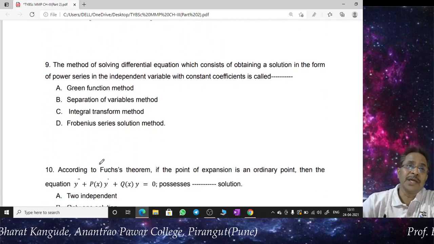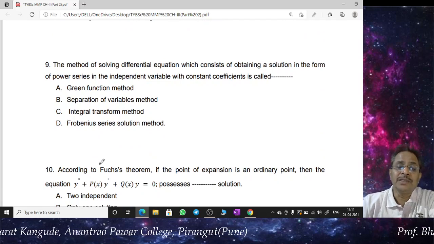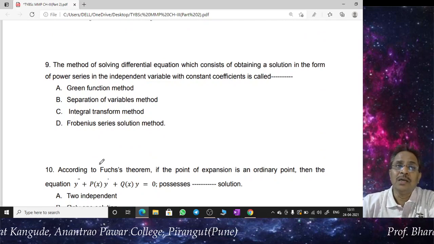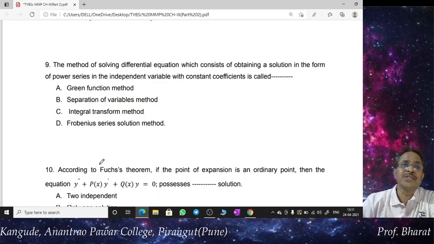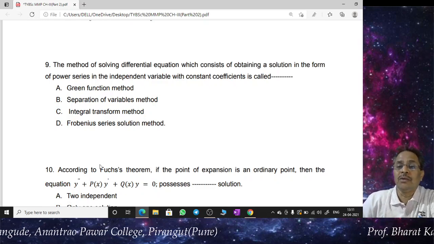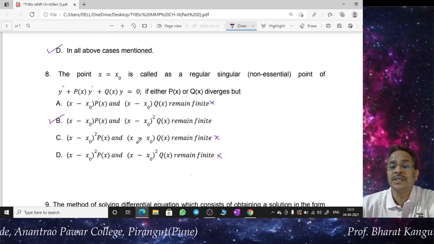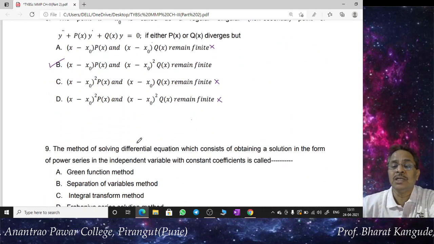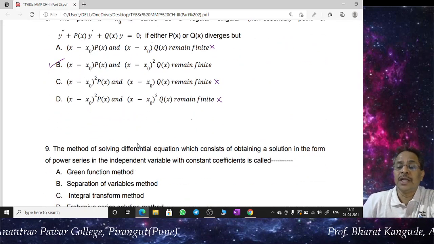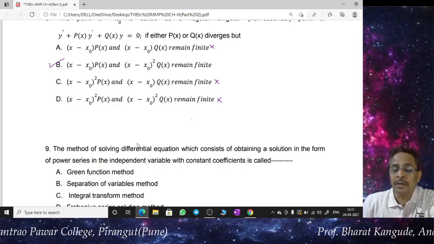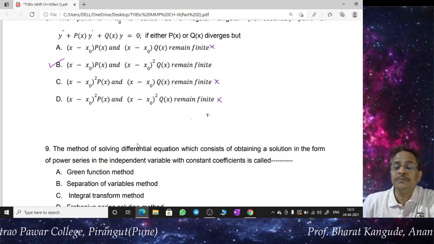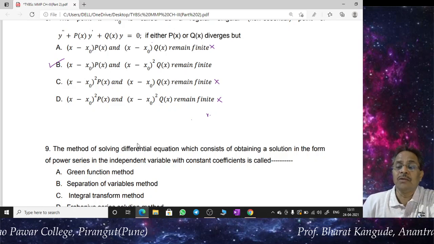Along with that, there is an irregular singular point too. In case of essential singularity, this is the irregular singularity.